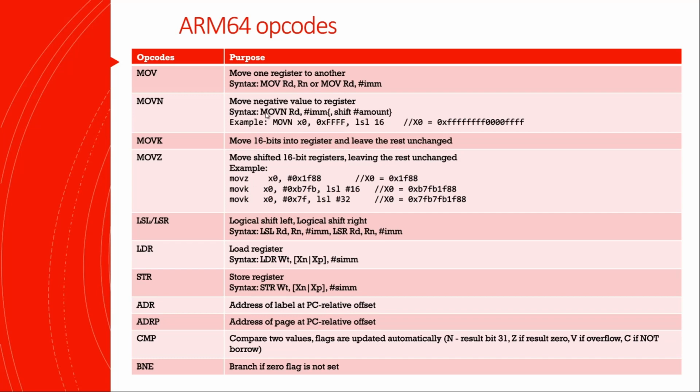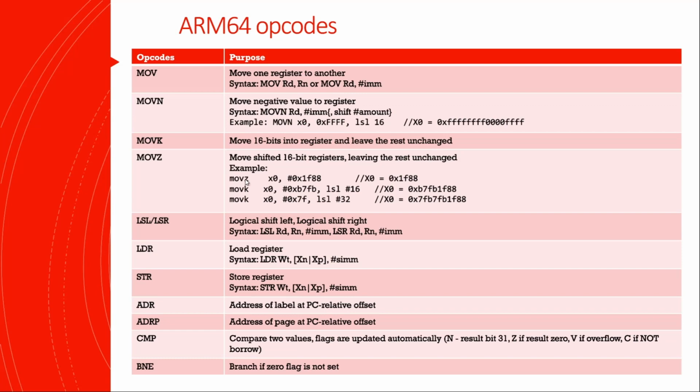Then we have move k. Move k moves an immediate value but leaves the other bits of the register untouched. So in this case, let's say we need to move this value into the x0 register. Again, we can't directly move this many bits into the register. So what we will do is make use of both of these instructions together.